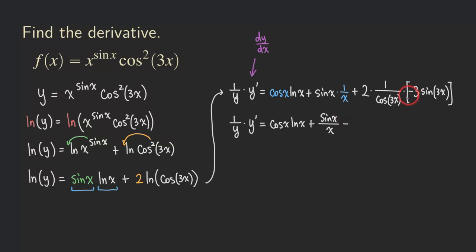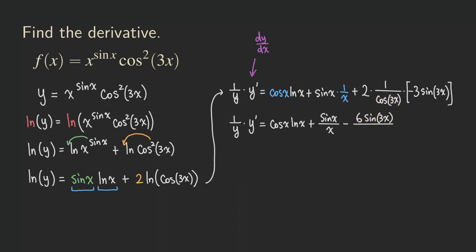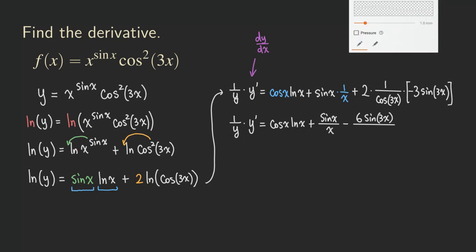Why do we get the minus? There is a minus sign right here, so we get the minus. And then 2 times 3, we are going to get 6. And then in the numerator, we have sine of 3x. Okay, that's from here. And then in the denominator, we are getting the cosine of 3x, right? So cosine of 3x.